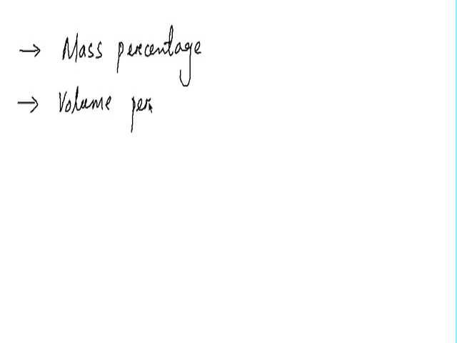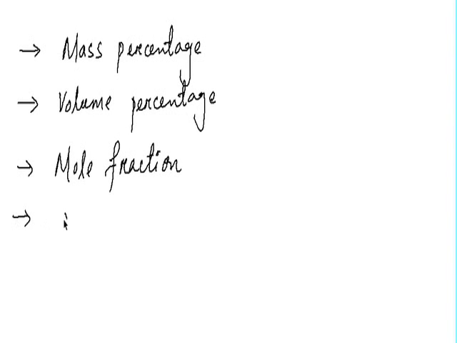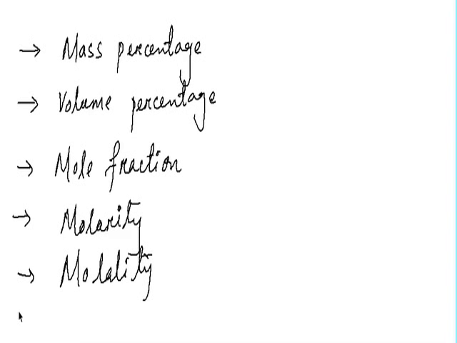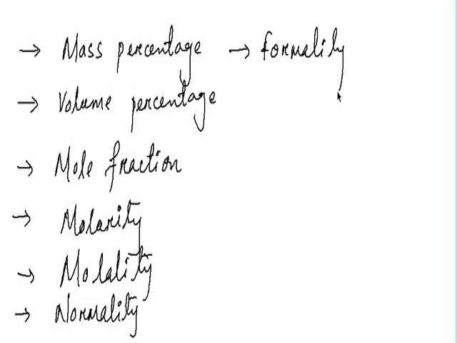For example, we have mass percentage, volume percentage, then we have mole fraction, then molarity, molality, normality, formality, parts per million, that we say as ppm.